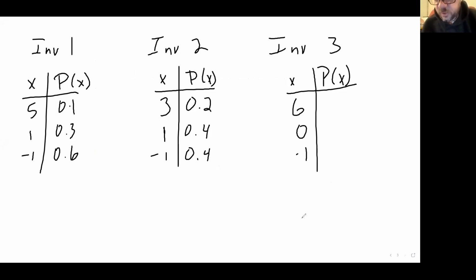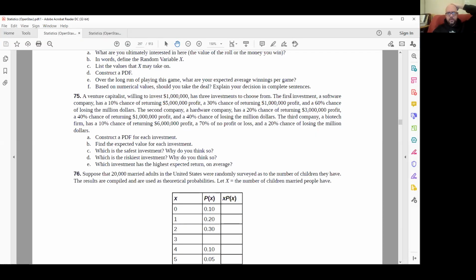That was 10%, 0.7, and 0.2, I believe. Okay, so there we go. Make sure I got that right. I think that's right. Find the expected value for each investment.